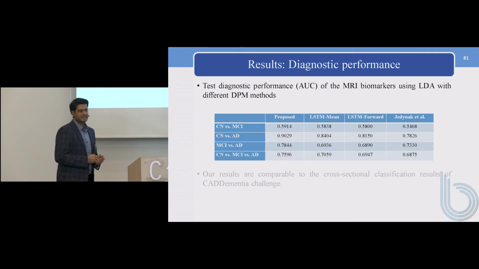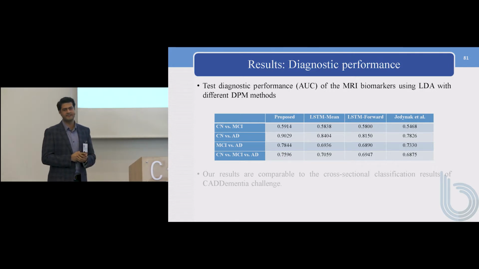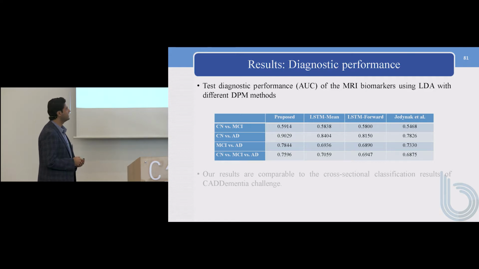We use the estimated biomarker measurements to train a linear discriminant analysis classifier to find the posterior probability scores. We use these scores later on to find the areas under the curves. And these are the AUC results for the aforementioned methods, this one being the multi-class AUC.